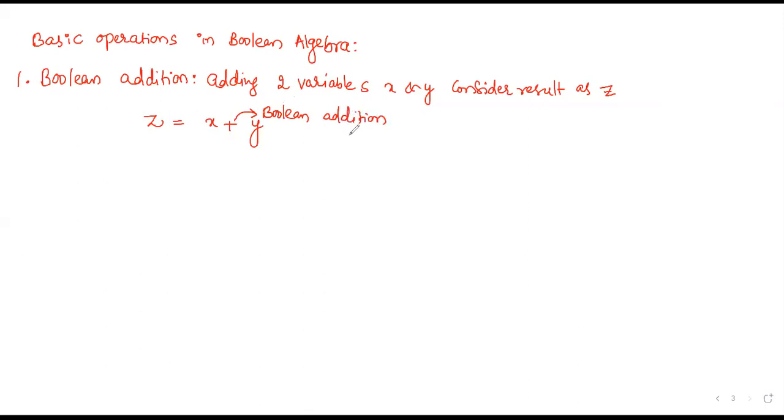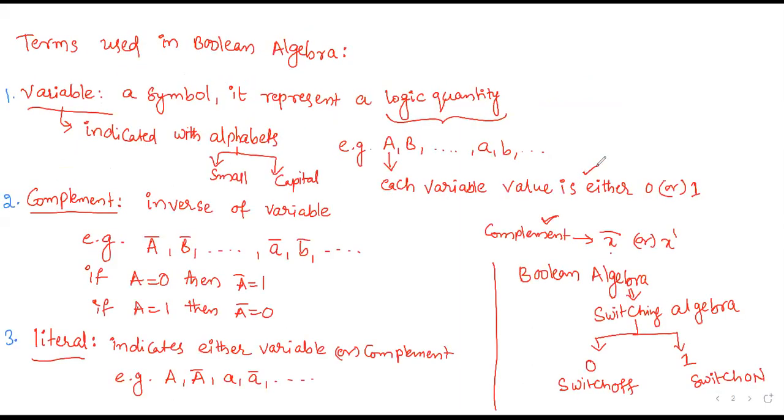The Boolean addition truth table will be as follows. We have how many inputs for the equation? x, y, two inputs. The result we are considering is z. Each variable will take either 0 or 1.